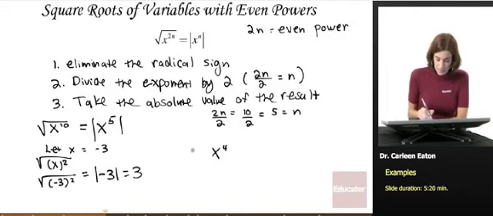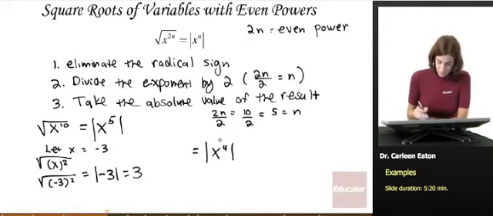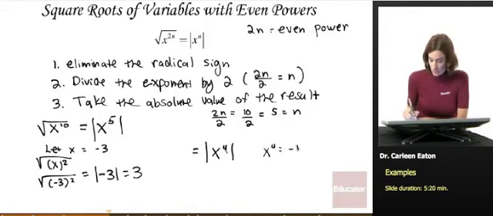At the end, my expression, whatever was under here, ends up being x to the 4th. And do I put my absolute value just as shown above? I actually don't have to do that. The reason is, whatever x is, if it's raised to an even power here at the end, it's going to end up being positive. If x is -1, for example, let's look at that. x to the fourth is -1.